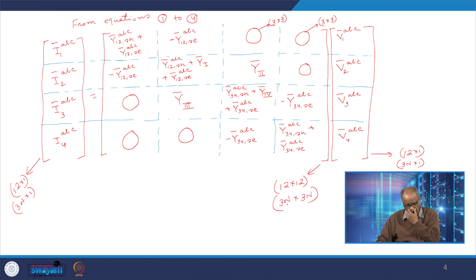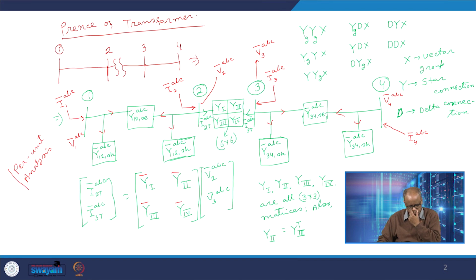Of course n is 4 in this network. n is the number of buses in the system.